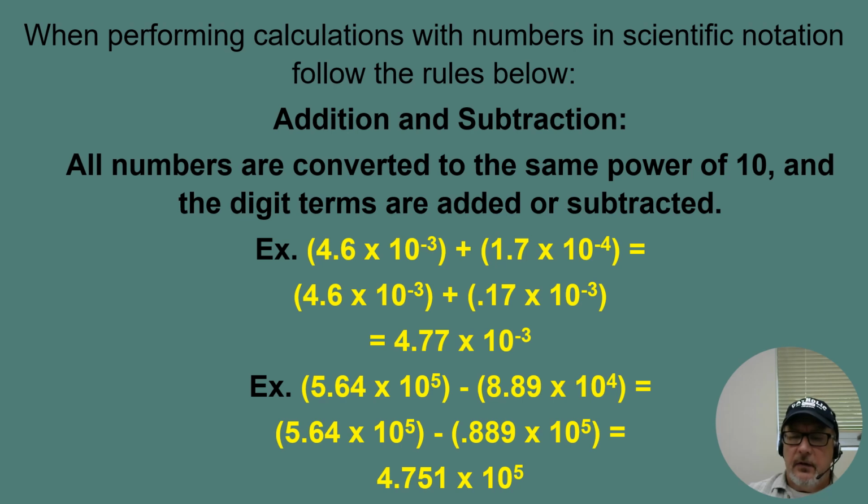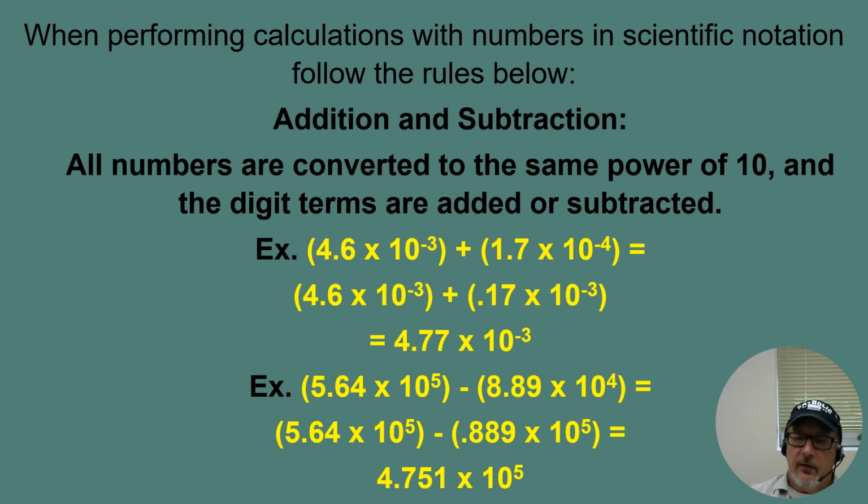Again, by moving the decimal place one place to the left and changing the power of 10 to 10 to the fifth. We then end up with 5.64 times 10 to the fifth minus 0.889 times 10 to the fifth.